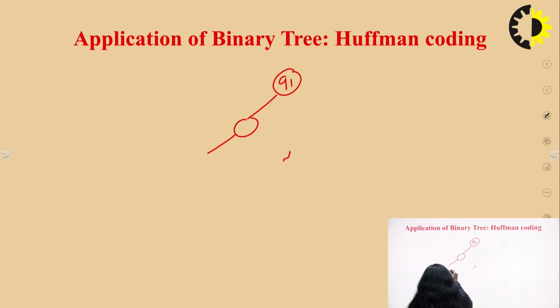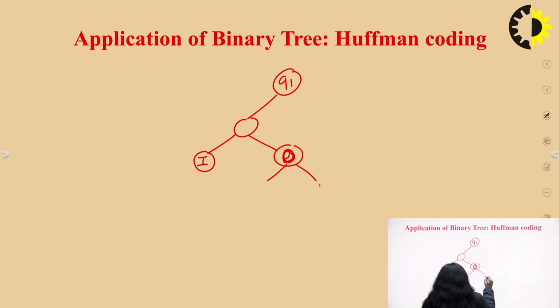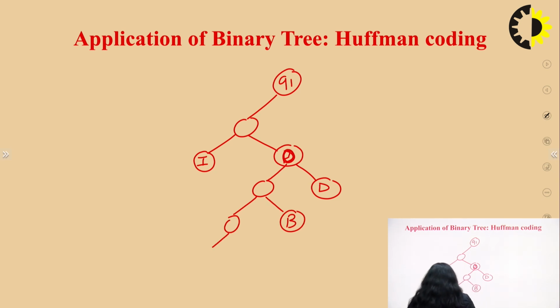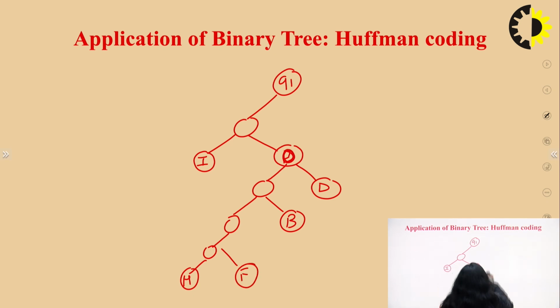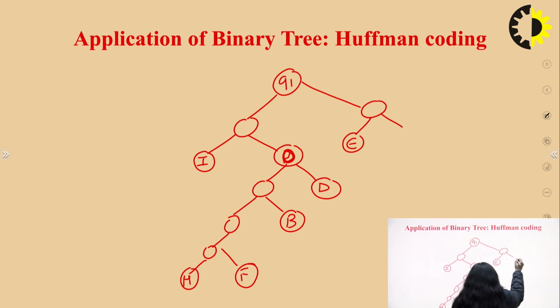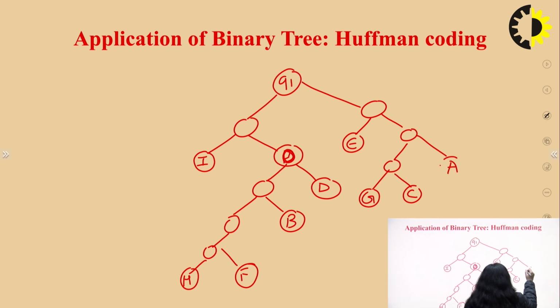This becomes I, this is D, right? And then this is B, then this is H, this is F, this is E, G, C, and finally A, right?